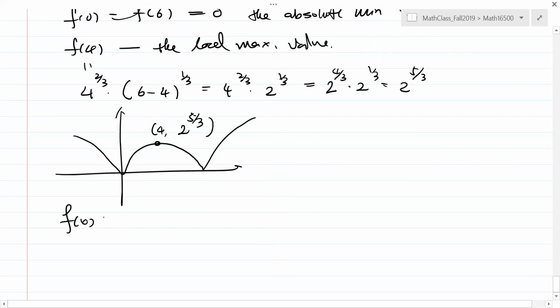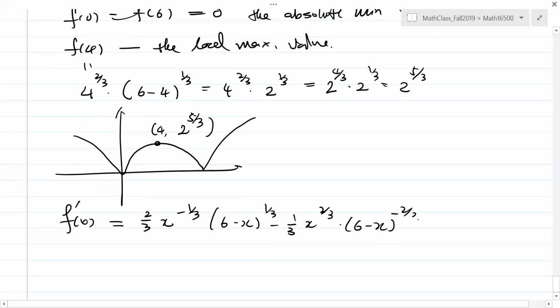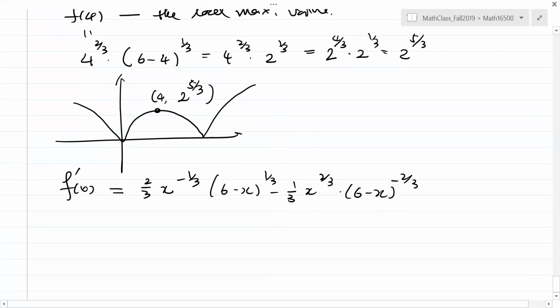We find the first derivative. It's a little bit complicated. We have to differentiate.